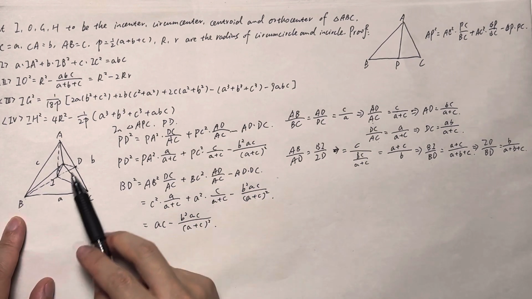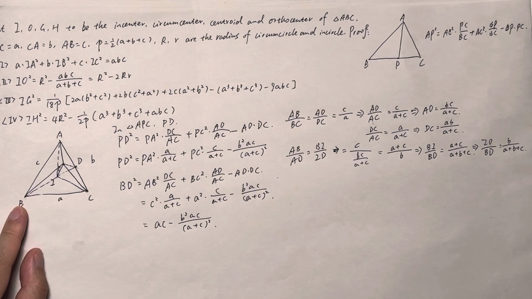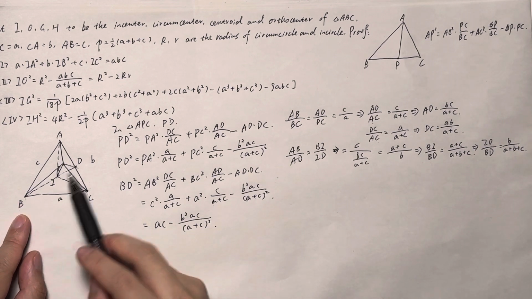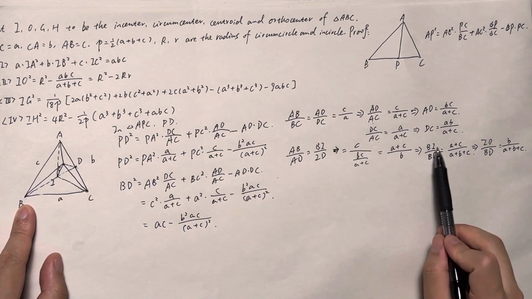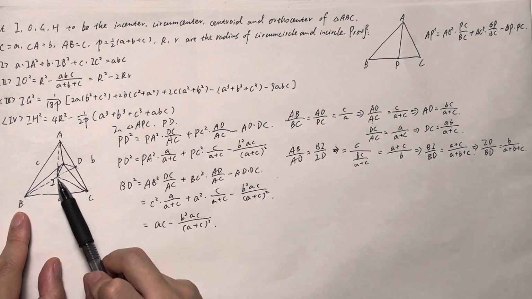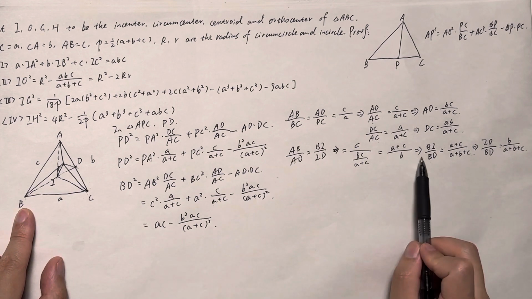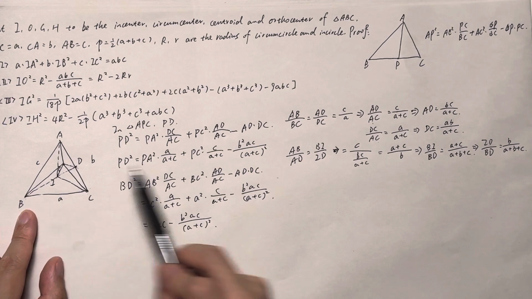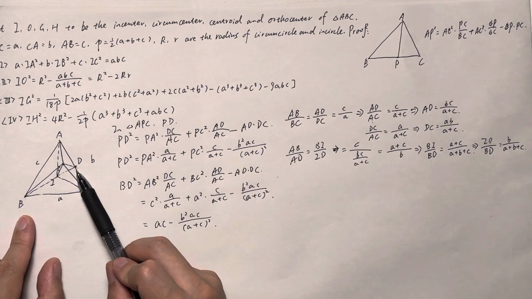That's BD squared. Okay, so for here, we got the BD squared, and we know BI, the ratio of BI to BD, and we know the ratio of ID to BD, right?